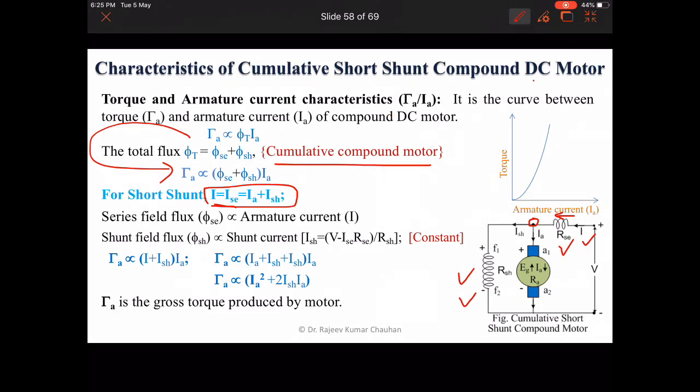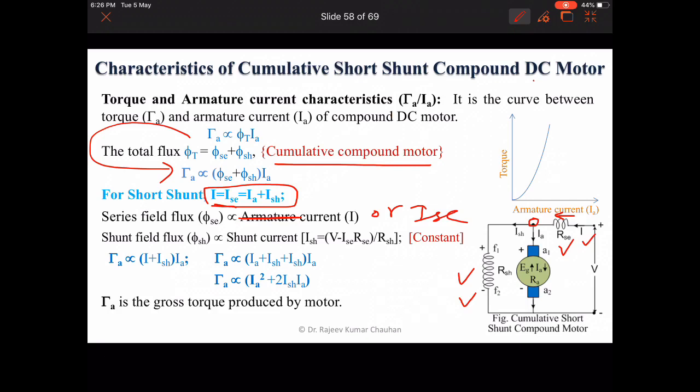We know that series field flux phi se is proportional to the current I, because I is flowing through this series field winding, or we can say Ise, because Ise and I are the same.